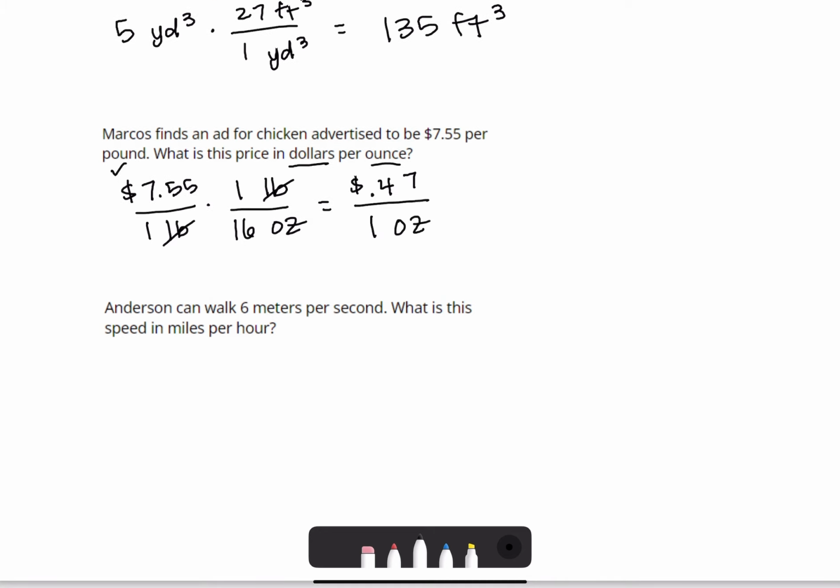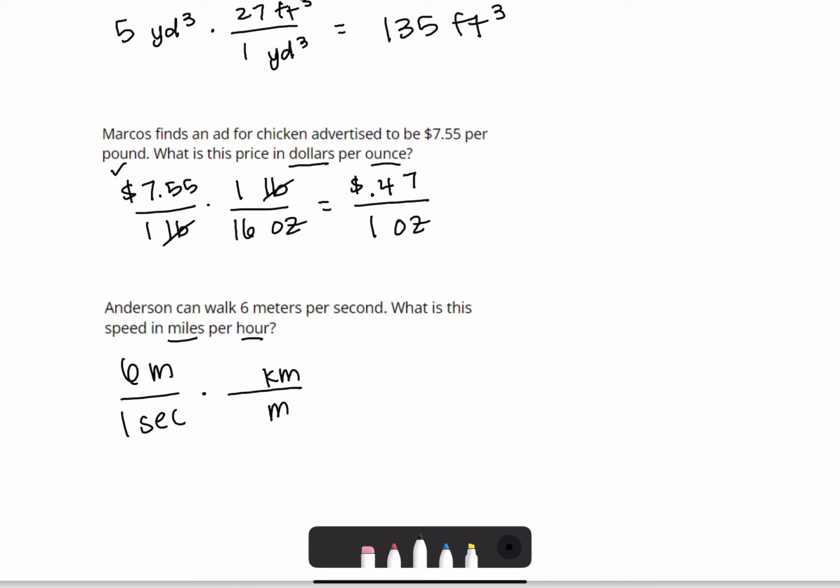Okay, our last one, Anderson can walk 6 meters per 1 second. What is the speed in miles per hour? So we need meters to turn into miles, and we need seconds to turn into hours. So I'm going to say, let's do meters first. We have a unit conversion for miles to kilometers.